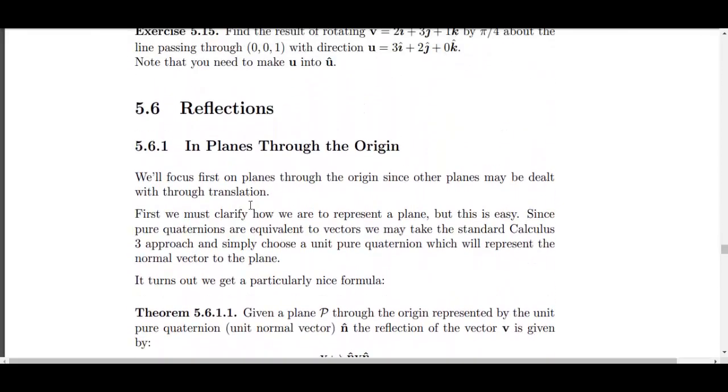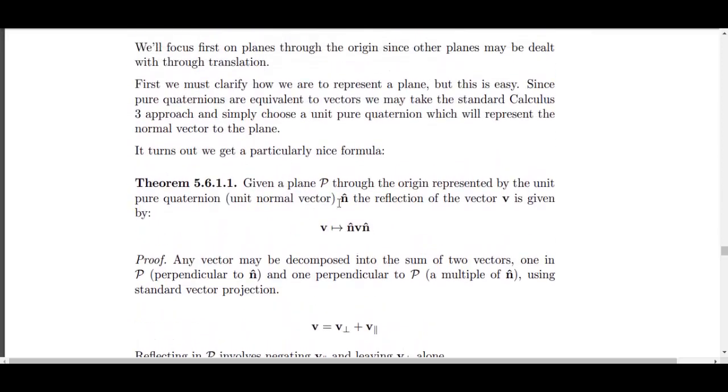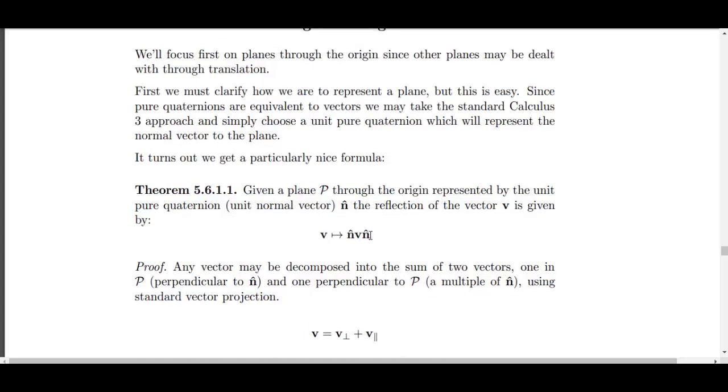Now we have reflections in planes through the origin. We have this theorem: suppose we have a plane P through the origin represented by the unit pure quaternion or unit normal vector n, and then the reflection of the vector B is given by this expression, and we have here n. We have that B goes to n times B times n, and it is important to remember that n is a unit normal vector.